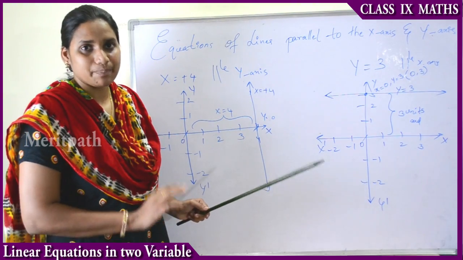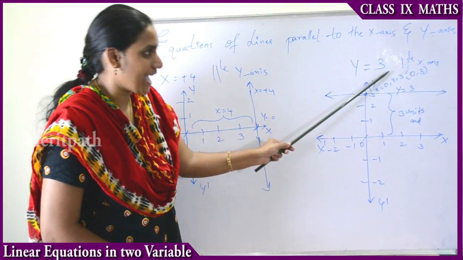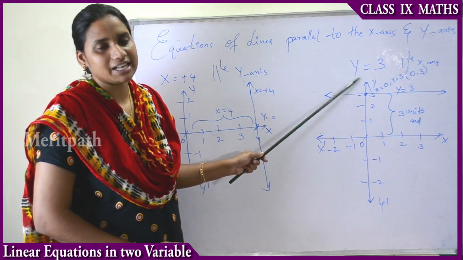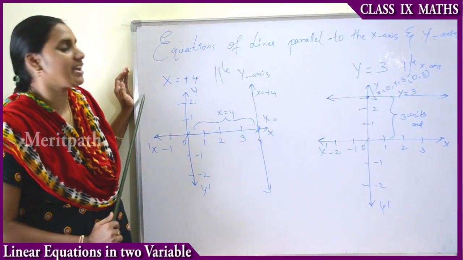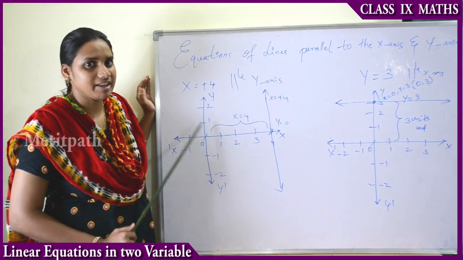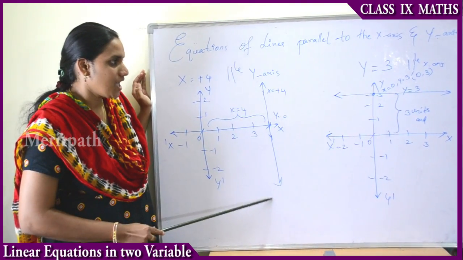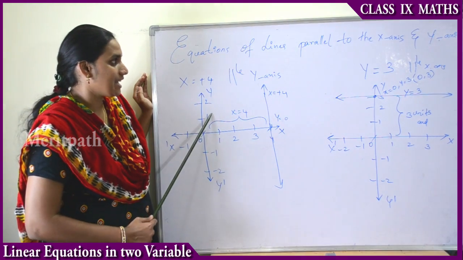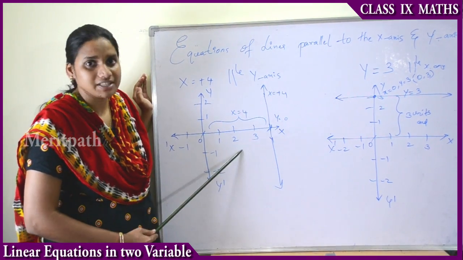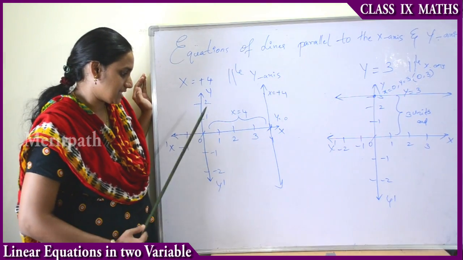Any equation represented in the form y equals a will always be parallel to the x-axis, and any equation represented in the form x equals a will always be parallel to the y-axis. By this we are concluding how to represent the graphs of these linear equations.